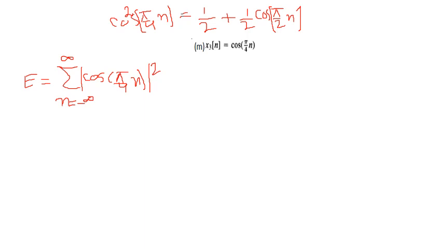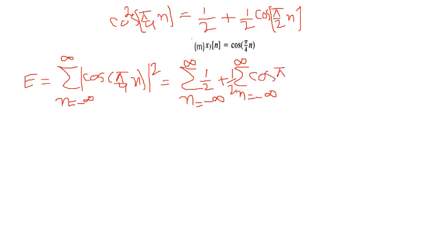Now if I sum this from n equals minus infinity up to infinity, it is 1 by 2 plus summation from minus infinity to infinity of 1 by 2 the scaling factor, cos of pi by 2 n.